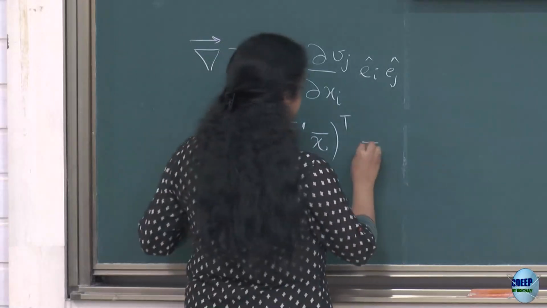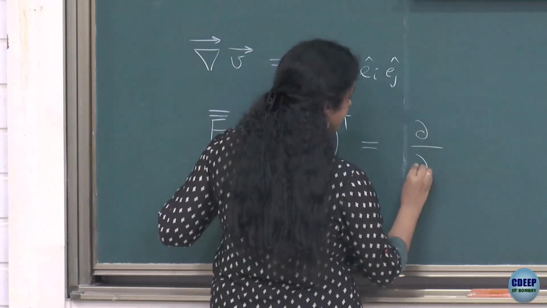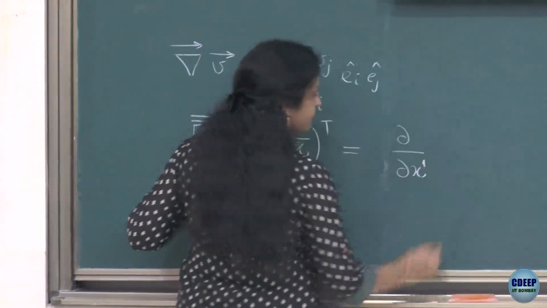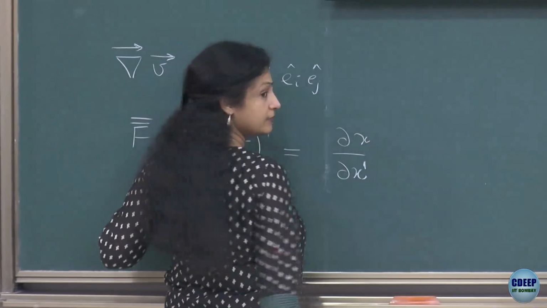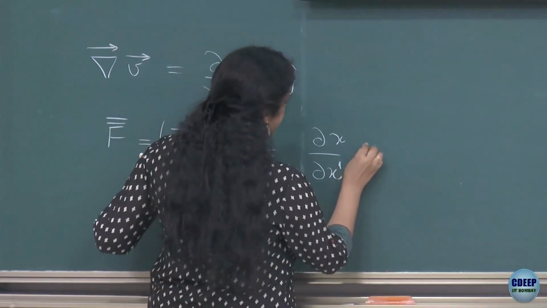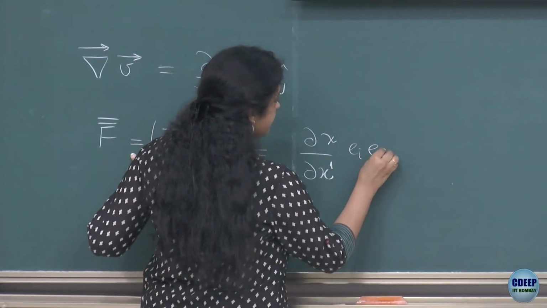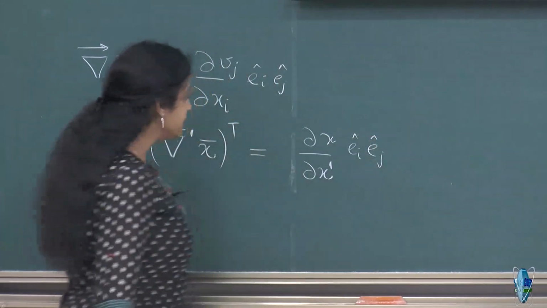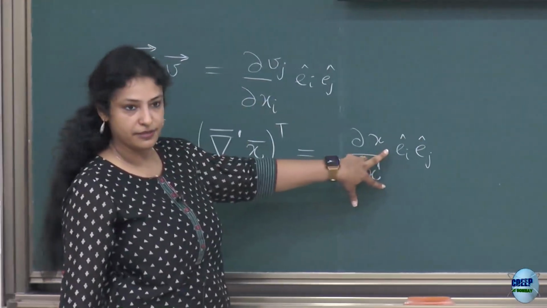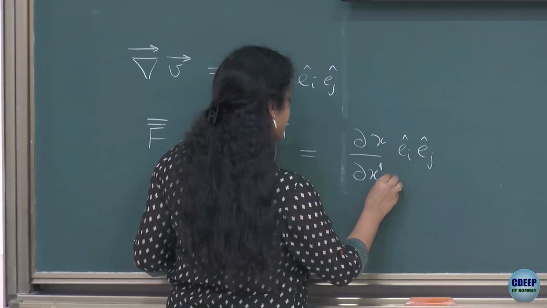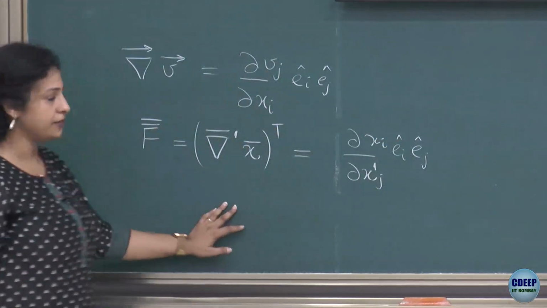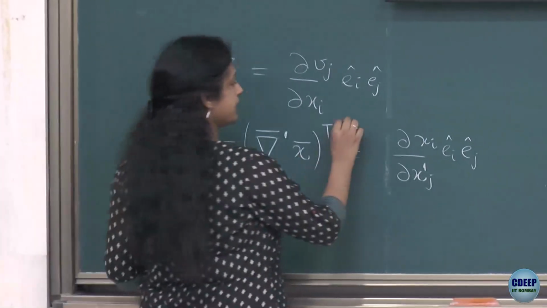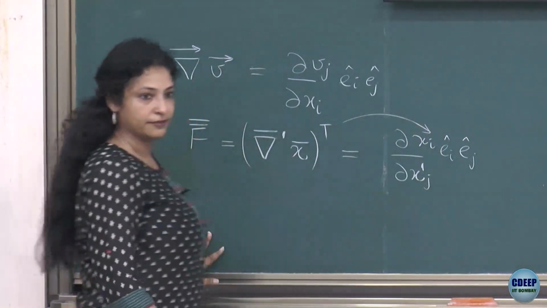So here we would have dou by dou x dash of x, and if we have e_i and e_j here, then these two are going to get reversed. So this would be e_j and this would be e_i. That is where the transpose is getting implemented.